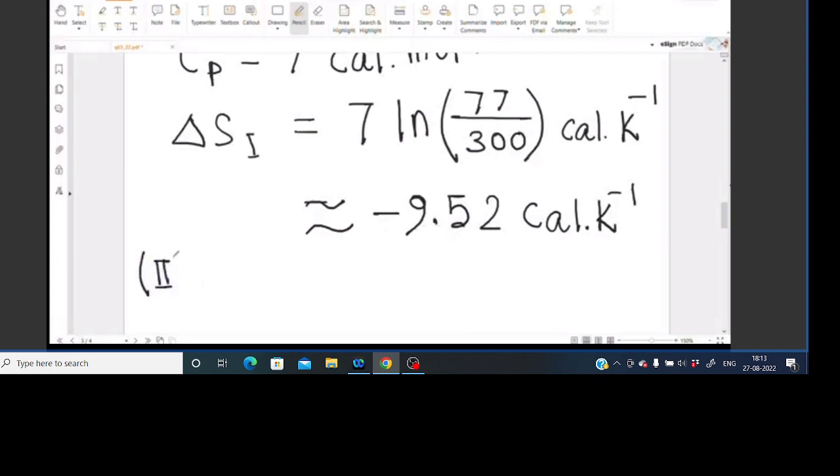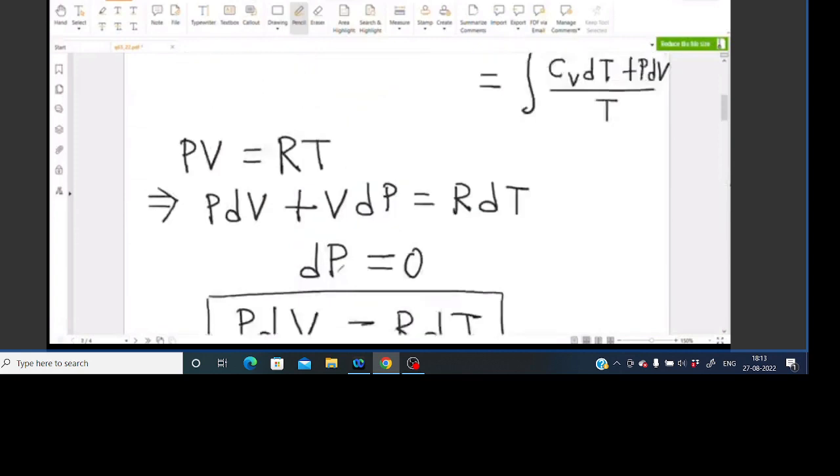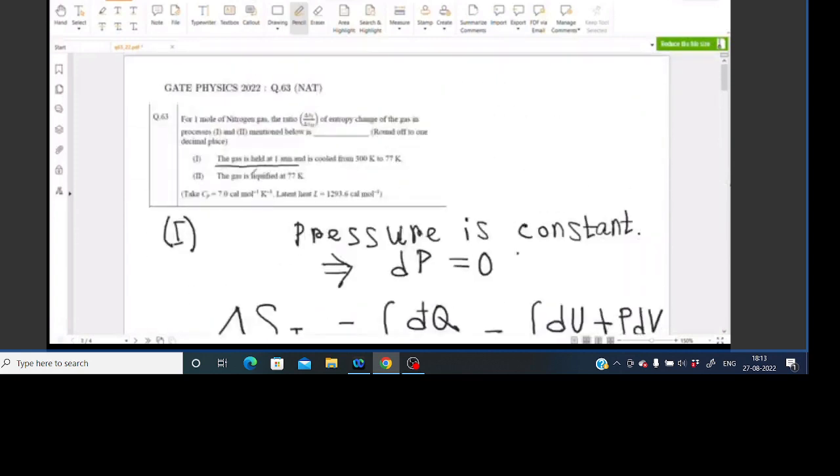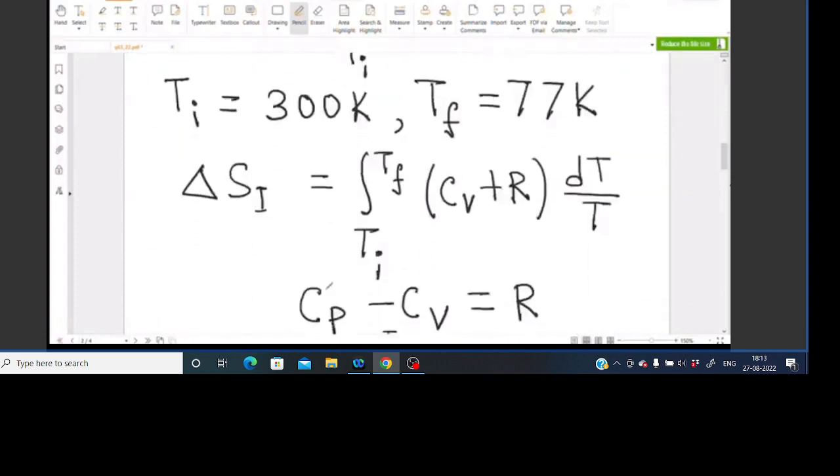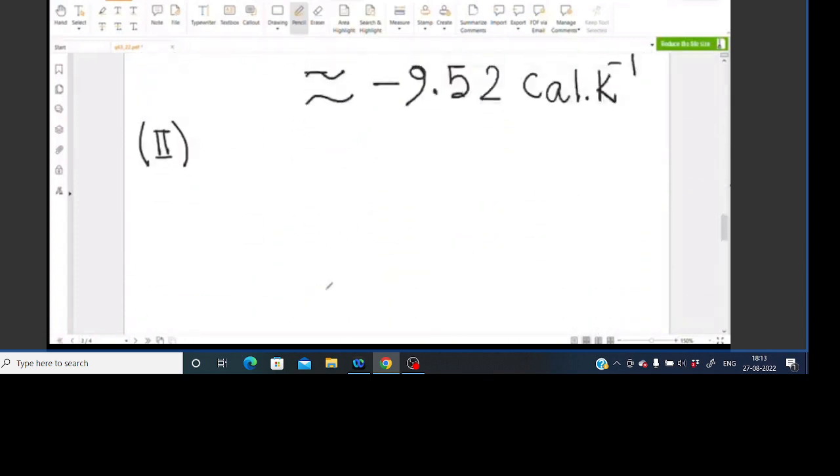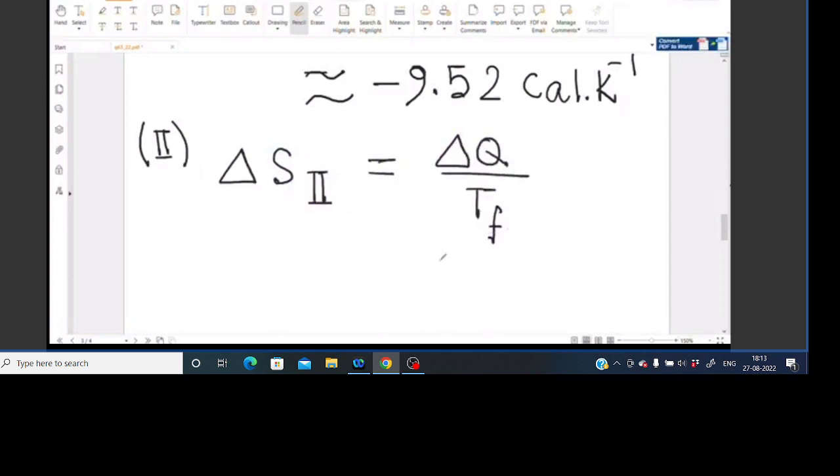Now let's focus on process 2. In process 2, the gas is liquefied at 77 Kelvin. We know that in a liquefaction process, the temperature remains constant during the liquefaction.